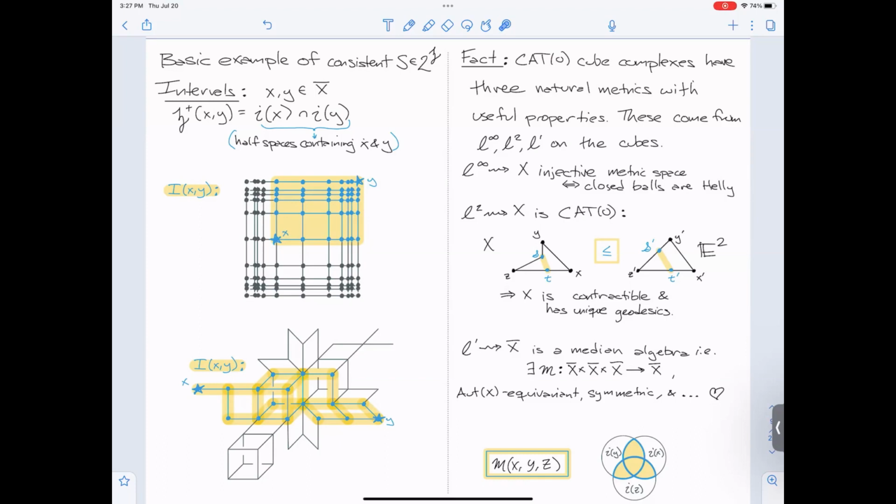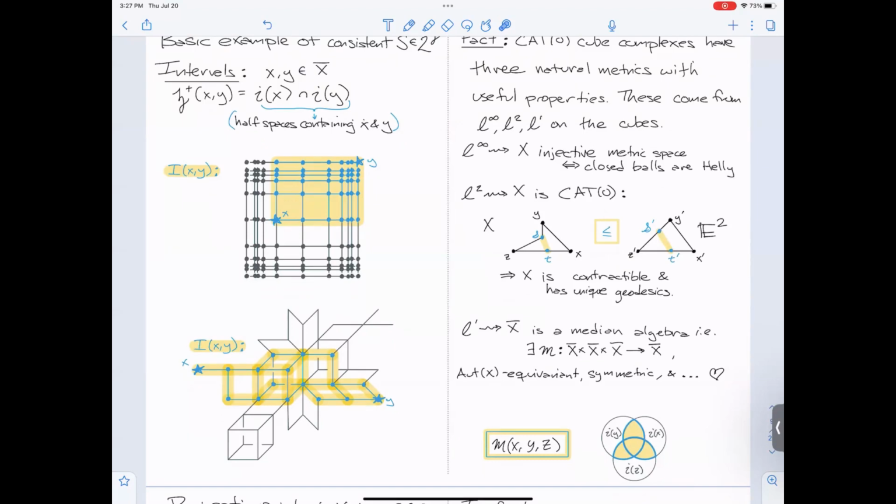But my favorite metric is the L1 metric because it has the property of being a median space, and the actual X has the property that it's a median space. And this median property does extend to the Roller compactification, which is also why I like it so much. That gives it a median algebra structure, which is amazing from my point of view.